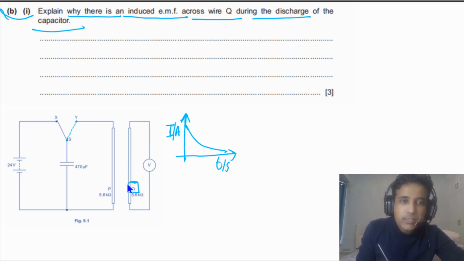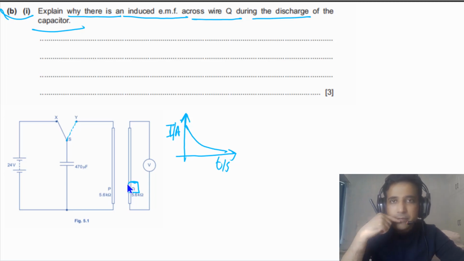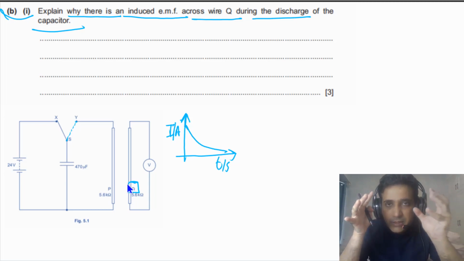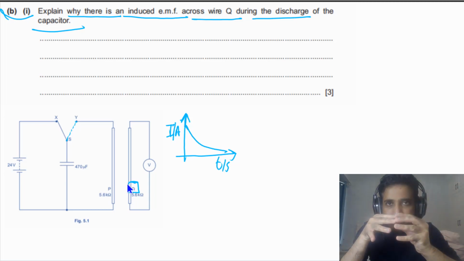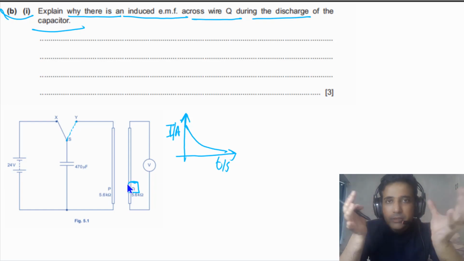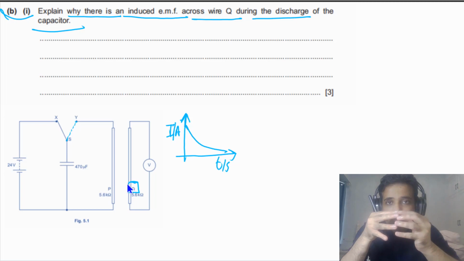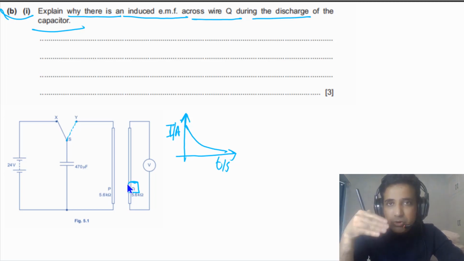As there is a change in the magnetic flux, there will be EMF induced in wire Q, because wire Q is placed inside a decreasing magnetic field. So there is a change in magnetic flux, so there will be EMF induced.